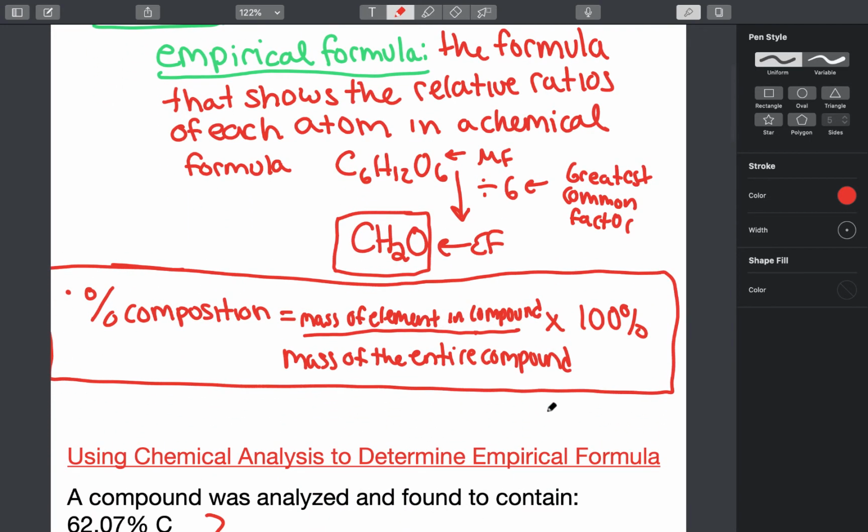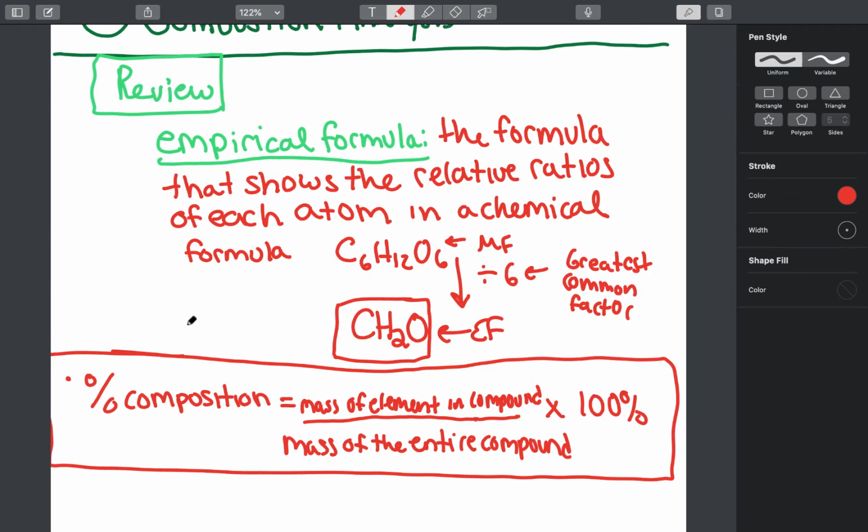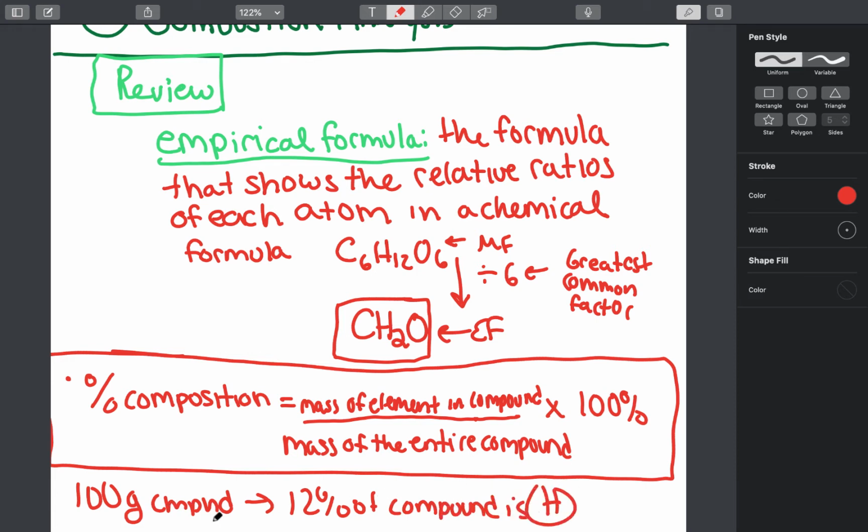So for example, if you had a 100-gram compound, and let's say 12% of the compound is hydrogen, how many grams of hydrogen is in this compound?